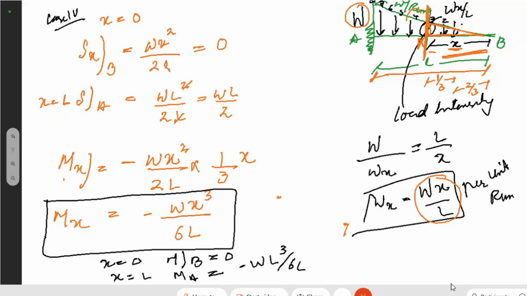Now, one thing you should remember is that I have now given the value of L, and it will now become what? WL square by 6, right?